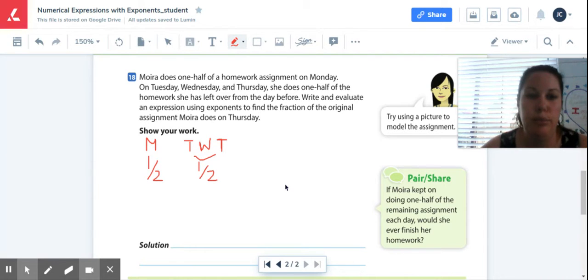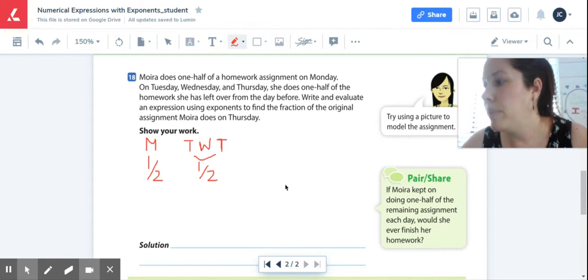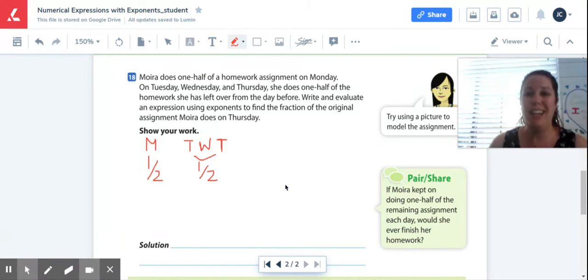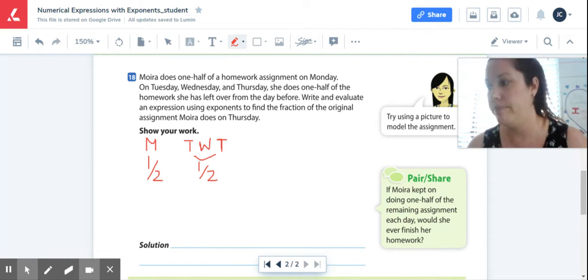Write and evaluate an expression using exponents to find the fraction of the original assignment Moira does. Okay, well, how many days total do we have here? So we have 1, 2, 3, 4 days. And we have a half of assignment, okay? Because half of it is done on Monday, but then the other half is done over the 3 days.